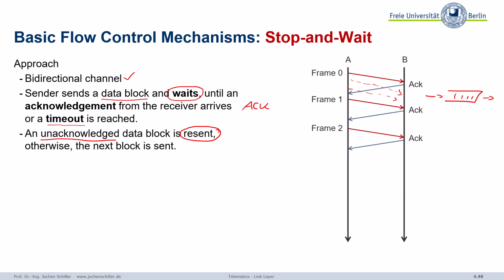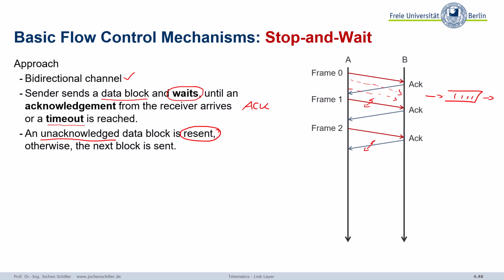What happens if we lose a packet? Okay, there's this timeout, so we have to resend it. What happens if we lose the acknowledgement? Can we distinguish between losing the data packet and losing the acknowledgement? We'll come back to this.